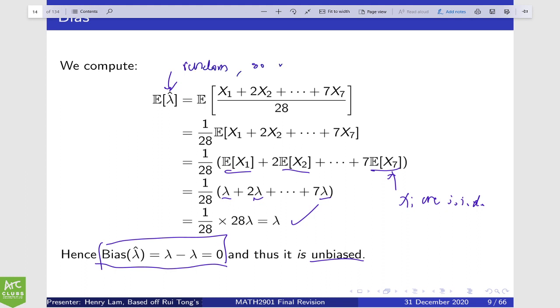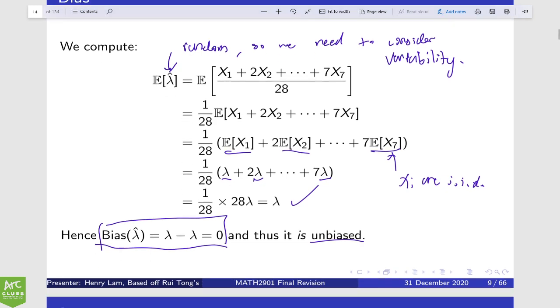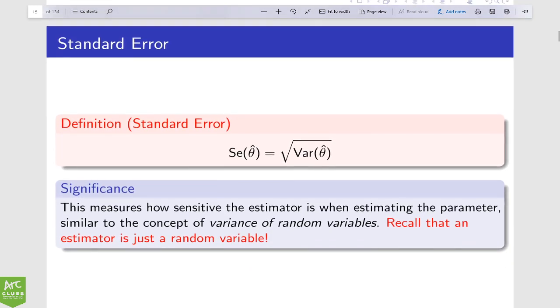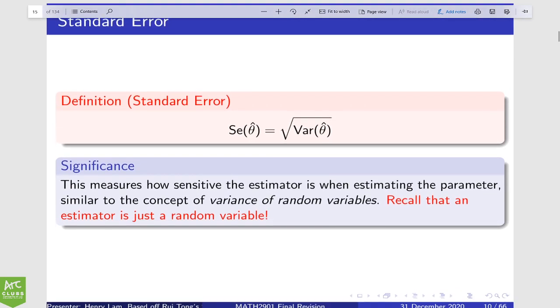So we need to consider variability. Right, random, so you need to consider some sort of random variability, and that's what this part is, the standard error.